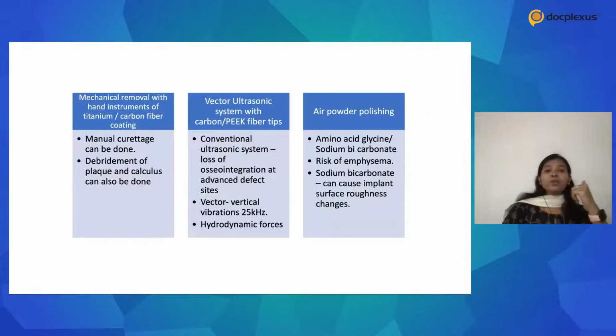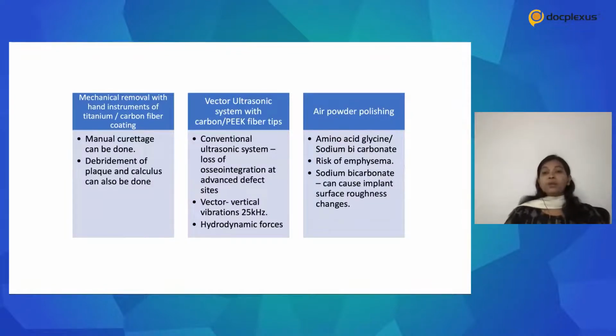So manual curettage is often done when you can easily debride the plaque and calculus. Vector systems will help you to give a nice hydrodynamic force, which will forcefully remove the plaque biofilm around the implants. Air powder polishing is another important innovative method to debride the peri-implant region.